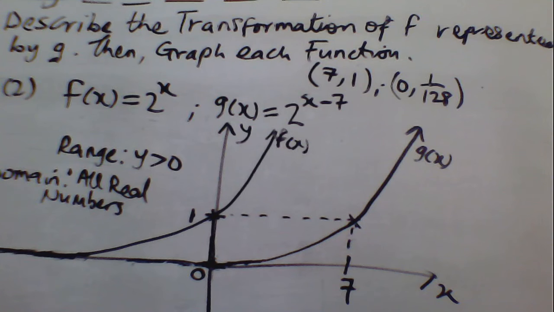The horizontal asymptote is when y is equal to 0. At that point, when y is equal to 0, that is the horizontal asymptote.